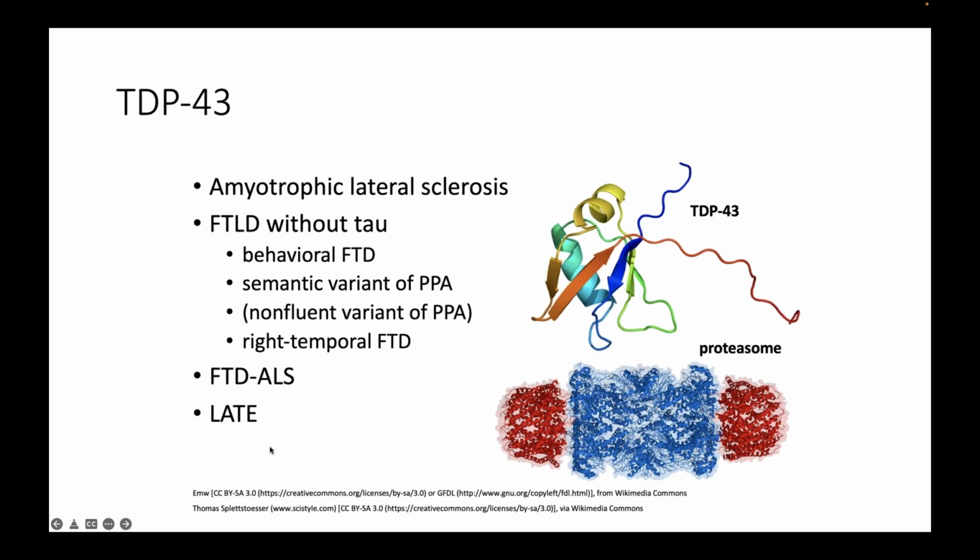Also interesting, because it was first described just a few years ago, is LATE, the limbic-predominant age-related TDP-43 encephalopathy, which is similar to hippocampal sclerosis and shows a very similar phenotype to Alzheimer's disease at very late age, and was identified to be caused by TDP-43.